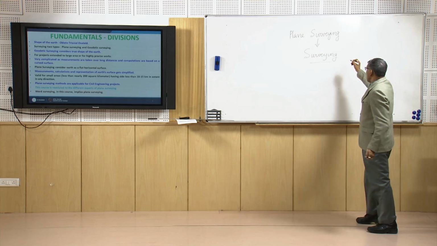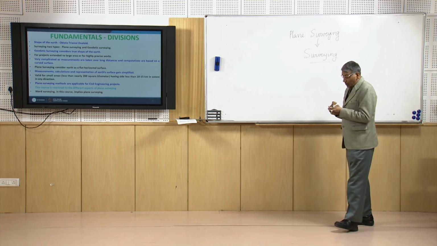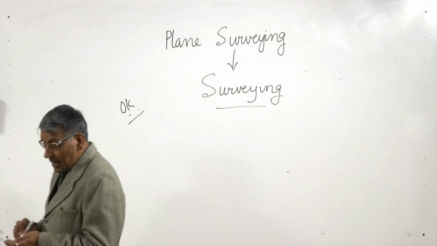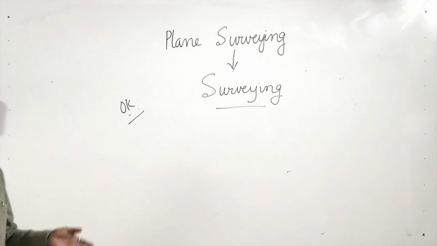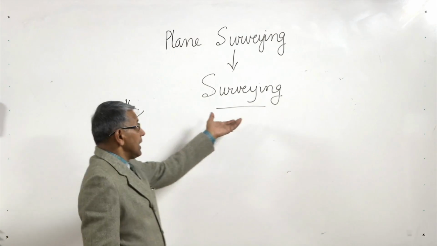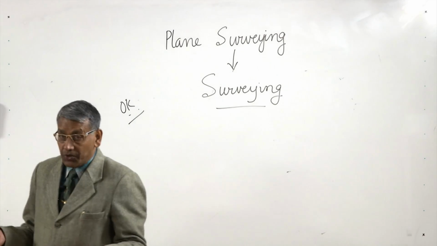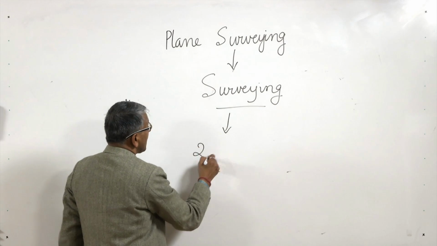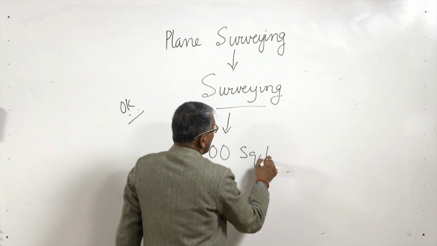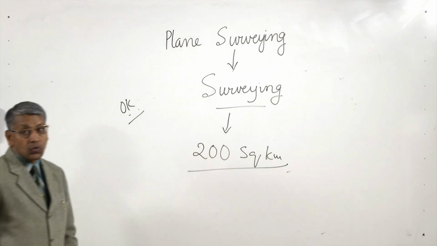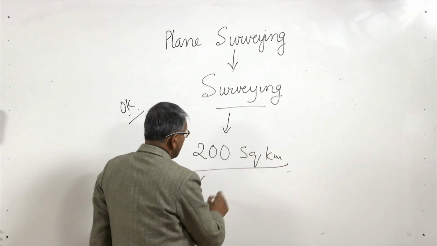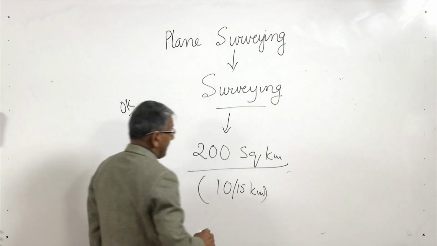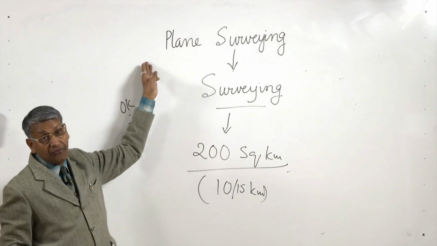This is okay for us, because in most civil engineering projects the extent of the project is not much. If the extent is within 200 square kilometers and any one of the dimensions is 10 to 15 kilometers, then we can go for plane surveying.